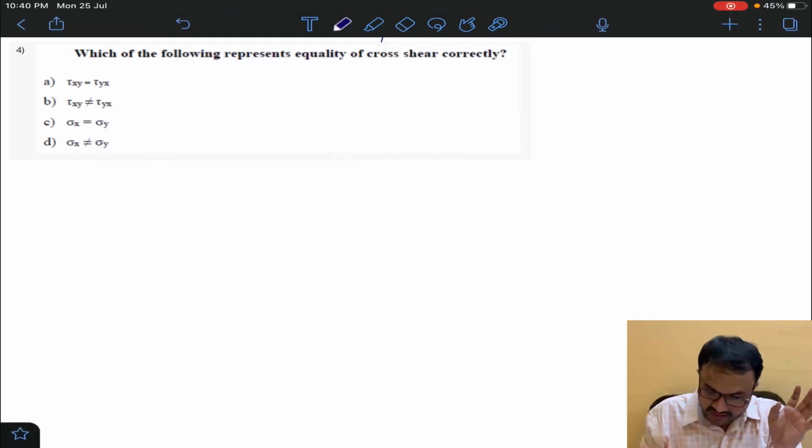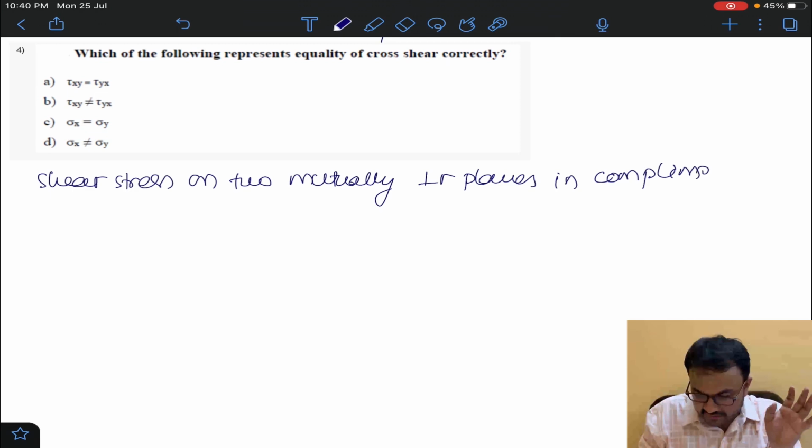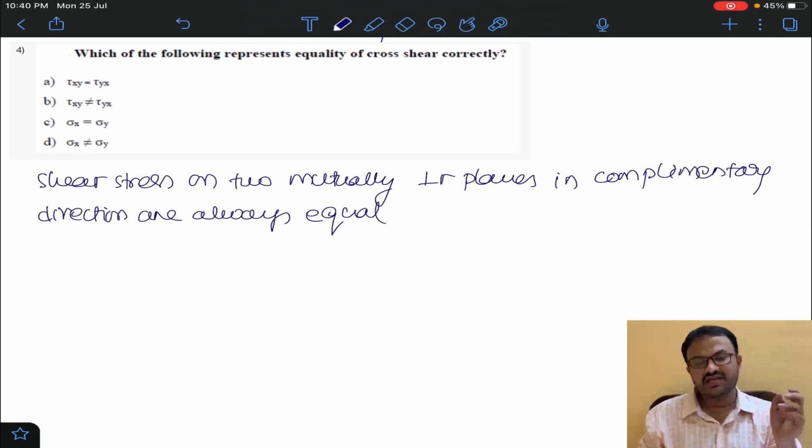You can see, shear stress on two mutually perpendicular planes in complementary direction are always equal.